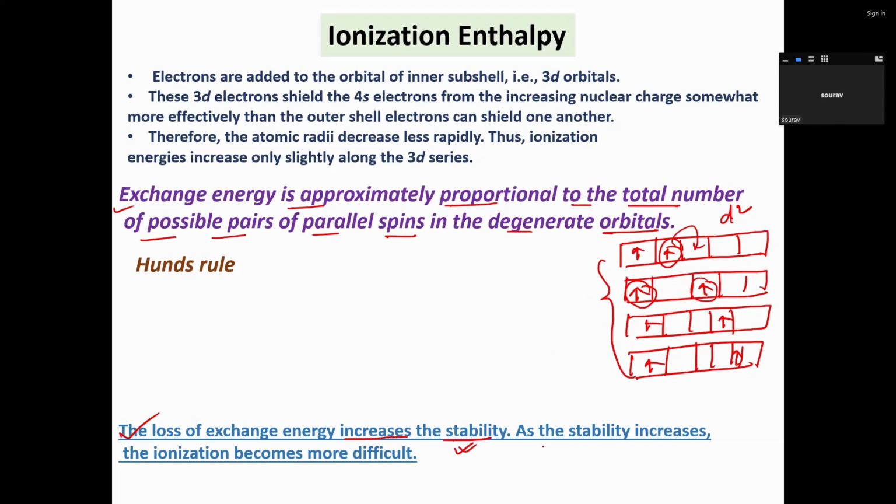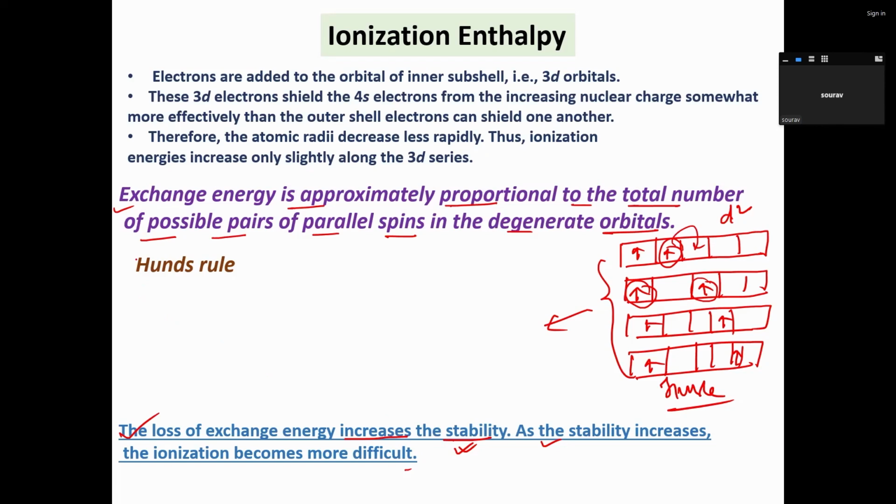When it has more stability, ionization is more difficult, because this electronic environment is more stable and never wants to go to an unstable electronic environment. That's why it is written here: the loss of exchange energy increases the stability. As the stability increases, the ionization becomes more difficult.